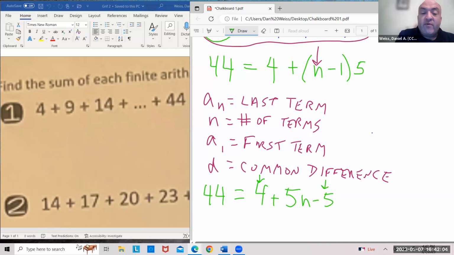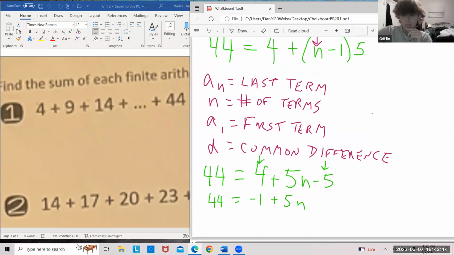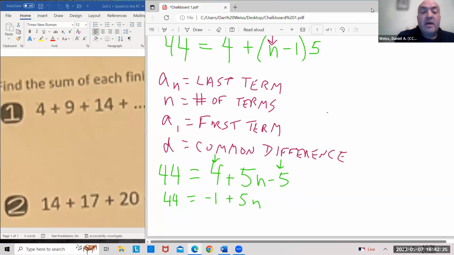So I'm going to say 44 equals -1 plus 5n. You good there? Okay. So now I'm going to add 1.